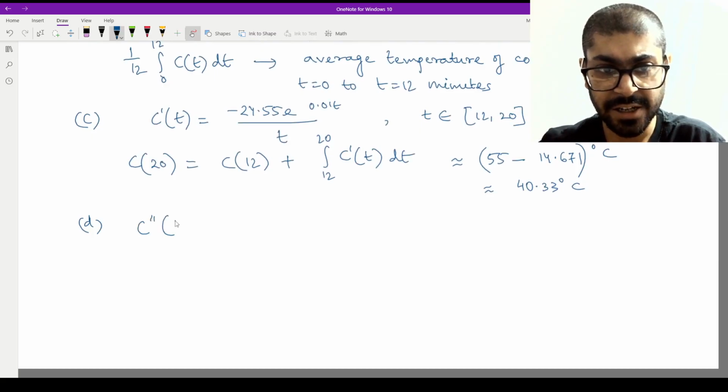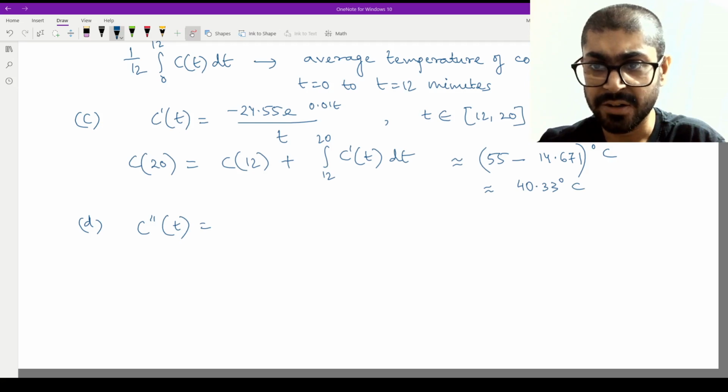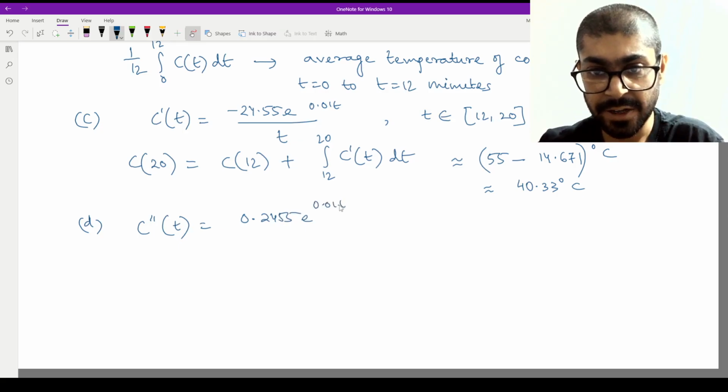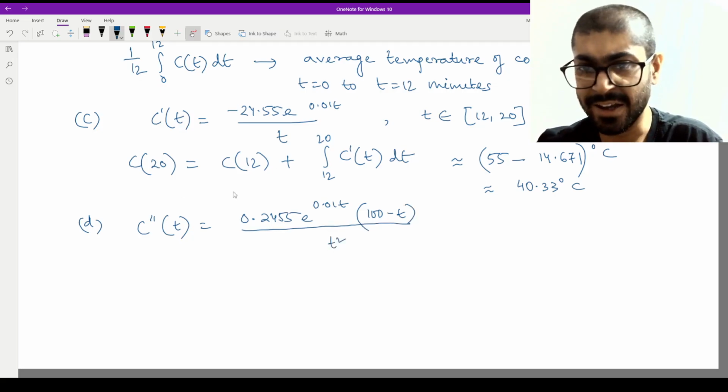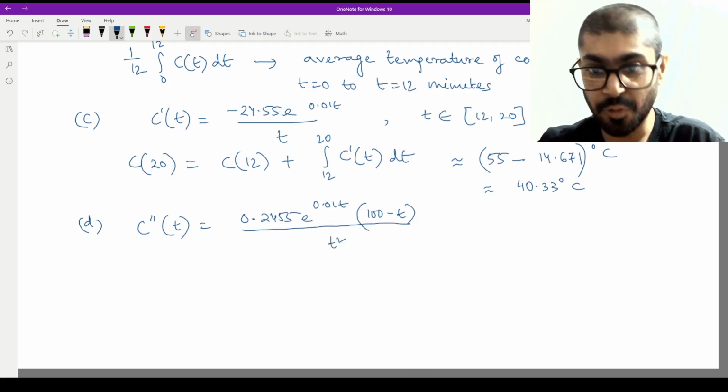So C double dash t is given to be 0.2455 e to the power 0.01 t into 100 minus t divided by t square. That is because the coefficient of e to the power 0.01 t gets divided.